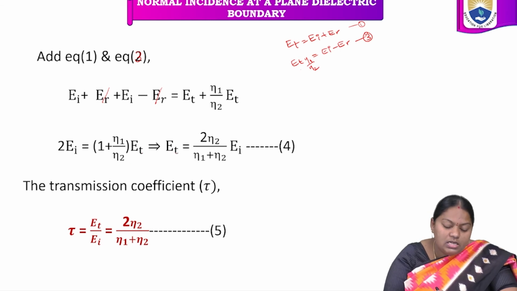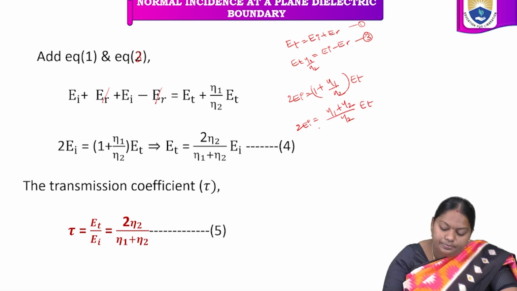Now, if you take the LCM here, 2 EI equal to eta 1 plus eta 2 by eta 2 into ET. So eta 1 plus eta 2 by eta 2 into ET is nothing but 2 EI.